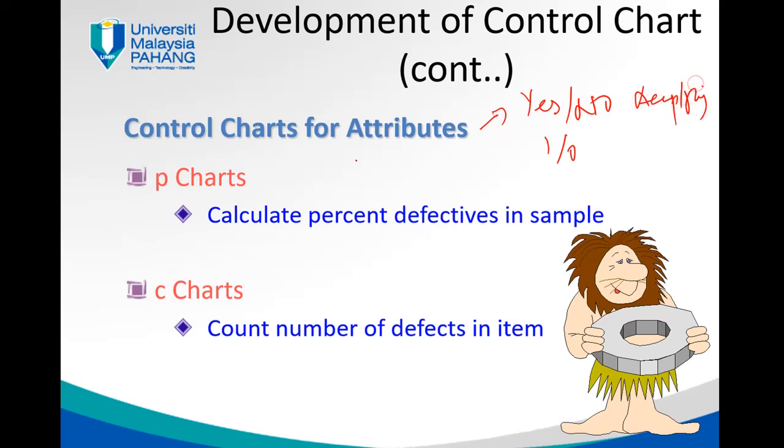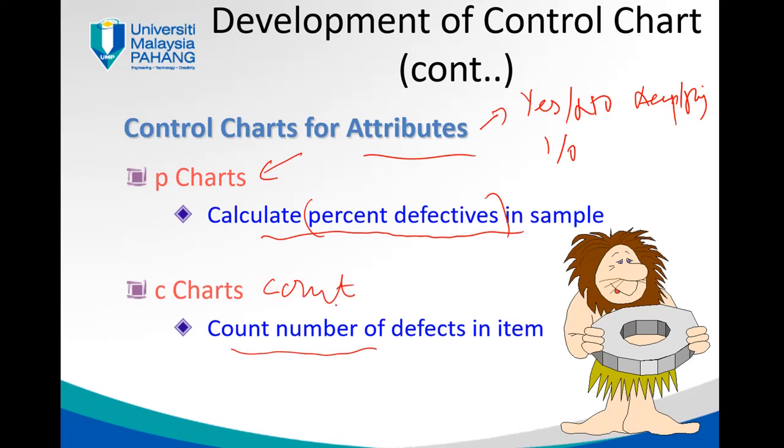For this type of data we use the P chart. The P chart calculates the percent defective in a sample, the percentage of defects. The C chart counts the number of defects, so the C chart is based on count numbers, while the P chart is based on percentage.